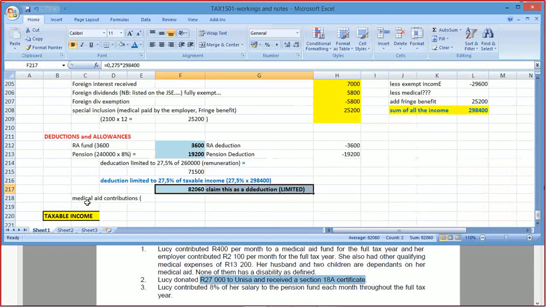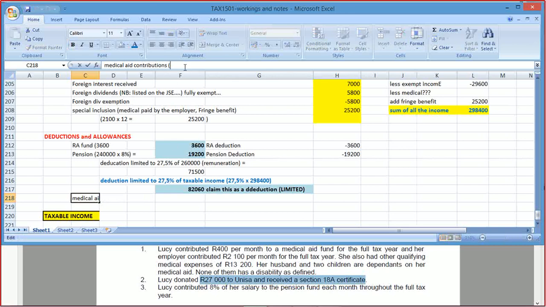We still need to show the donation, which is note number 2. How much did she donate? 27,000 to UNISA, and she received a Section 18A certificate. So medical aid contributions will be C, tax credits.